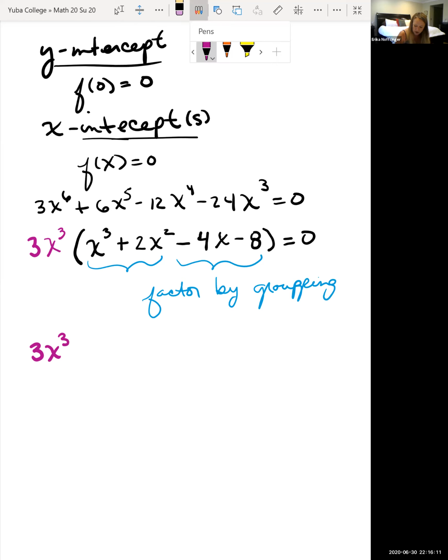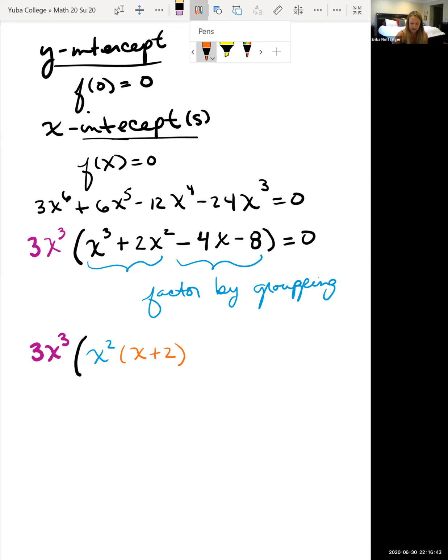So we have 3x cubed all times. Pulling out what they have in common, x cubed and 2x squared both have an x squared in common, so we can pull out an x squared. If we pull out an x squared from those first 2 terms, we're left with a single x plus 2.